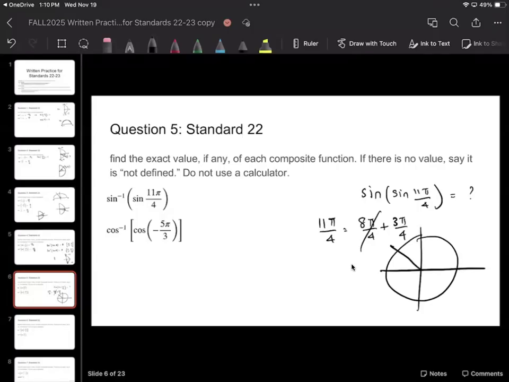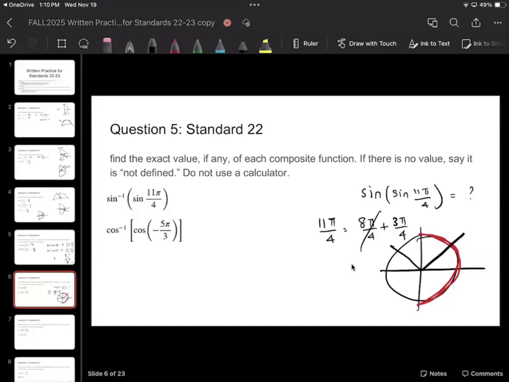So that is definitely not in the interval that we are looking for an inverse sine function because you want it to fall in here. Now, if you look at the angle in the second quadrant, you know that sine has a positive value in the second quadrant. So the corresponding angle with the same sine value should fall in the first quadrant.